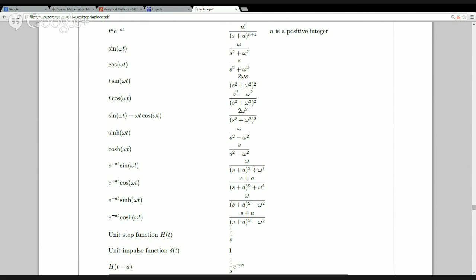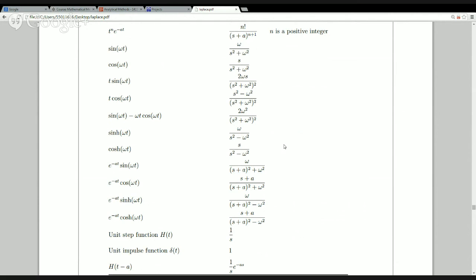So it's going to be a combination of exponentials times a sine and an exponential times a cosine. But I must take this now and make it match a combination of these two. So here's where I'm going to put the s's.